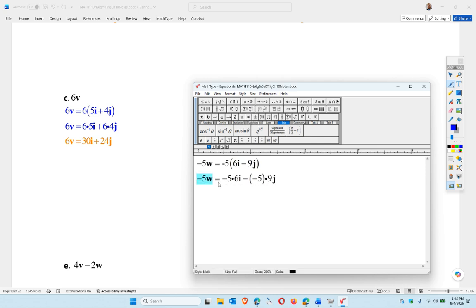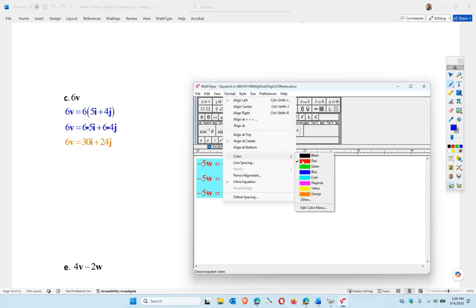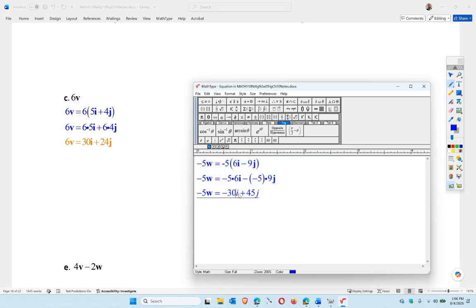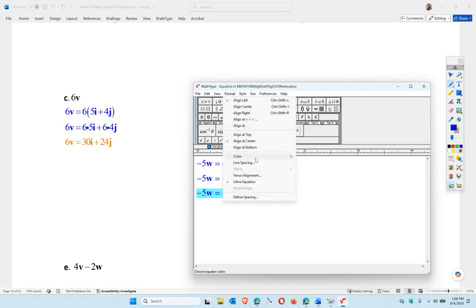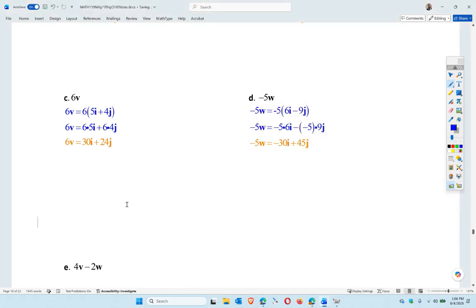So what does that give me? That's going to give me -30i plus 45j, right? Format color blue. Nope, I don't know what happened there. Let's copy them, and make this orange. Okay, good deal.